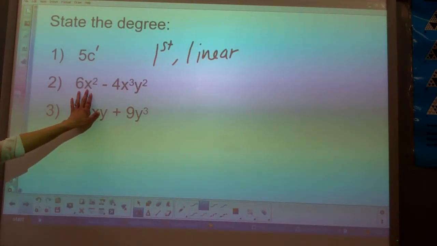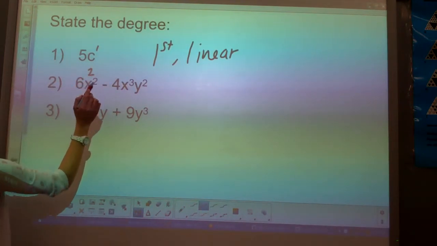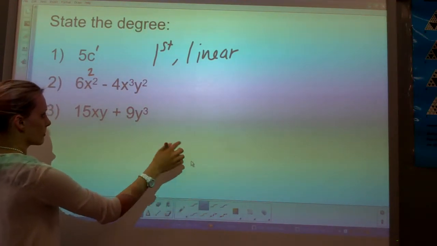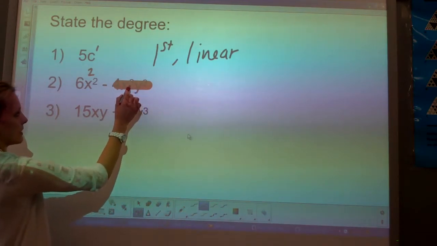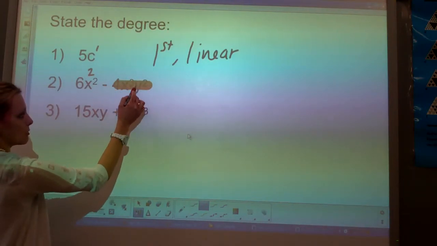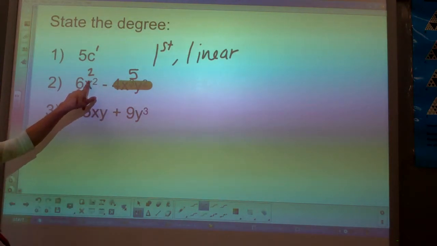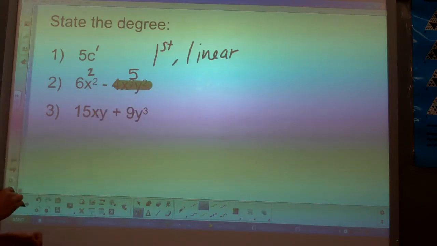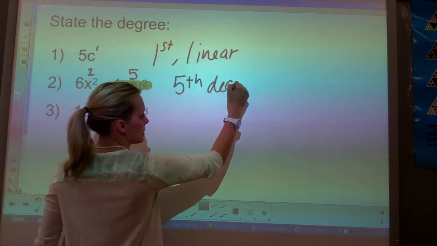For number 2, the highest degree in this term is 2, but the highest degree here would be, we have a 3 and a 2, so the degree of this term total would be 3 plus 2 is 5. So this is a second degree, this is a 5th degree, so the entire polynomial would just be called a 5th degree polynomial.